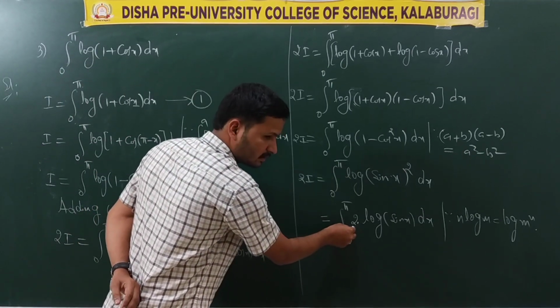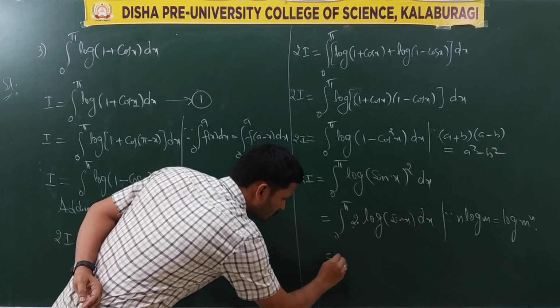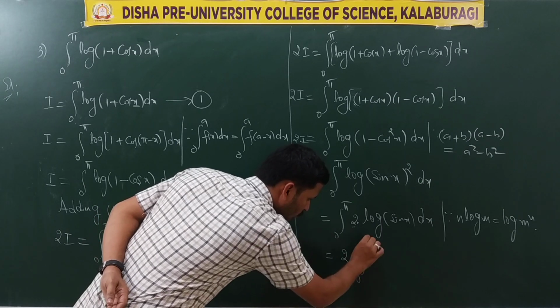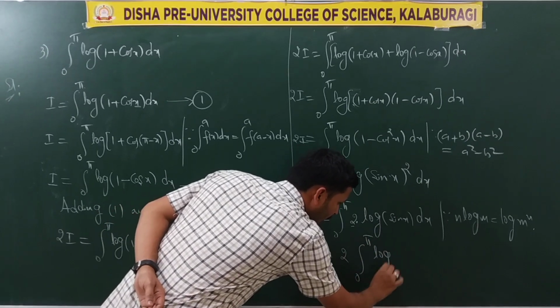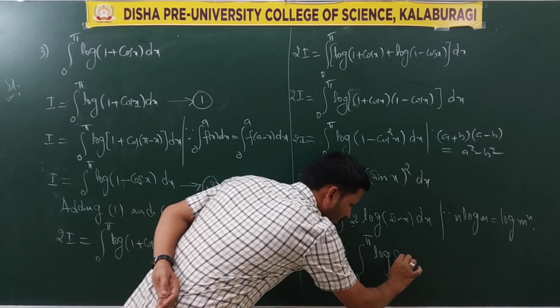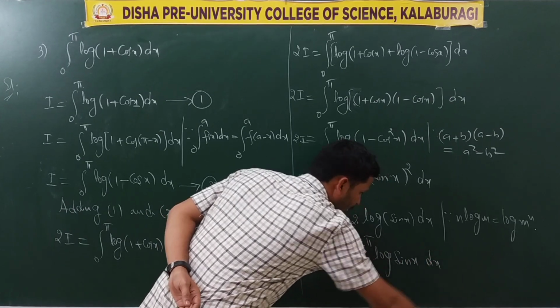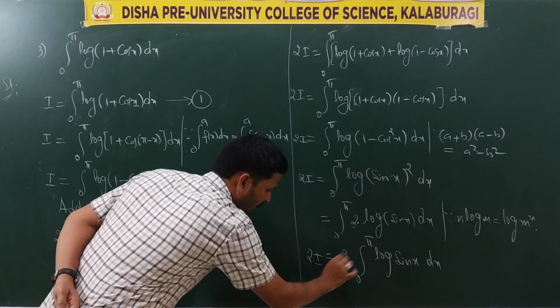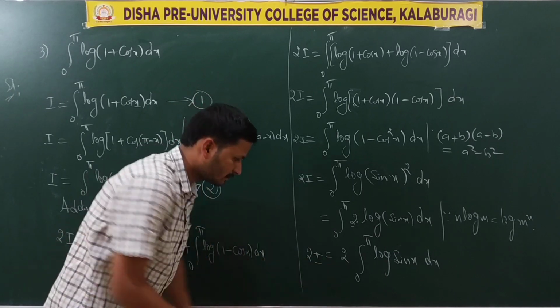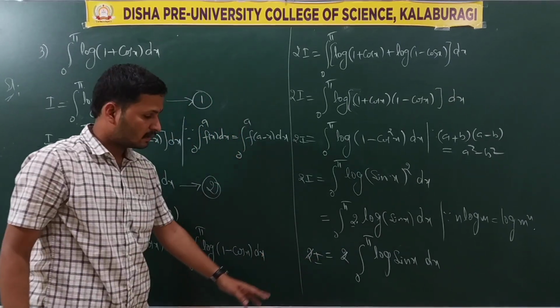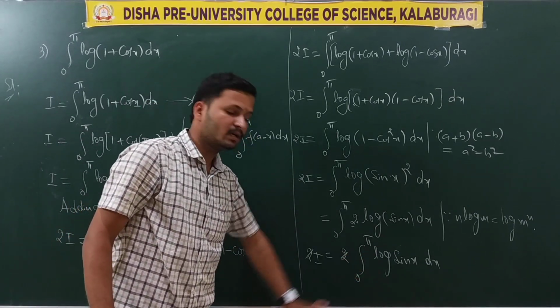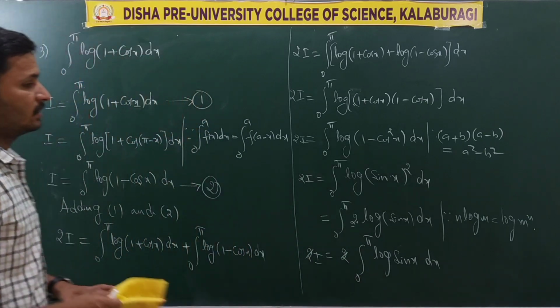Here 2 is a constant, so take it outside the integral: 2 times integral from 0 to pi of log of sin x dx. The 2 gets cancelled, and the remaining I is equal to integral from 0 to pi of log of sin x dx.